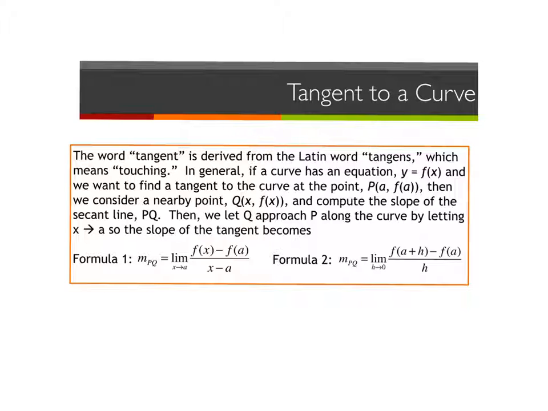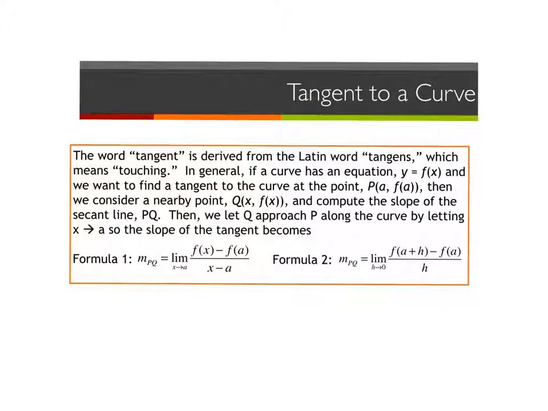So we pick a point just close to P, make a secant line, and look at that slope.